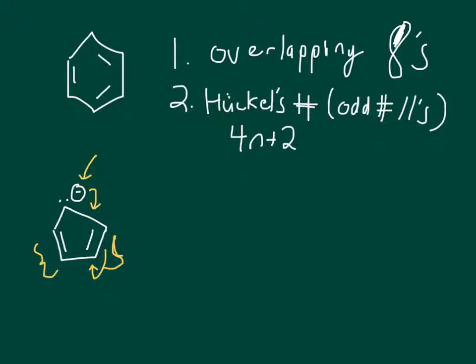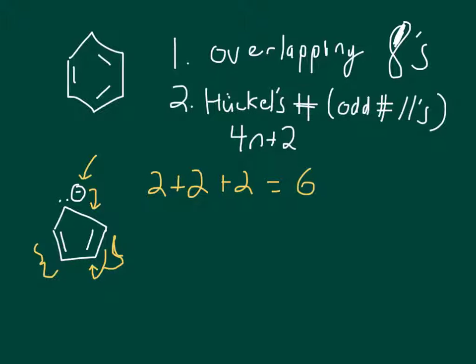So if we do have this overlapping system of p orbitals, we want to make sure that we have Huckel's number of pi electrons. In this case, we have one lone pair, so there'll be 2 pi electrons, plus 2 from the other double bond, and another 2 from another double bond, which would be, of course, 6, since we can all do math.